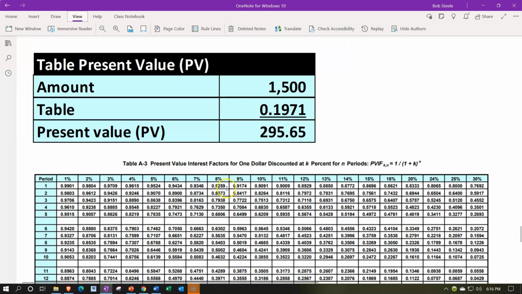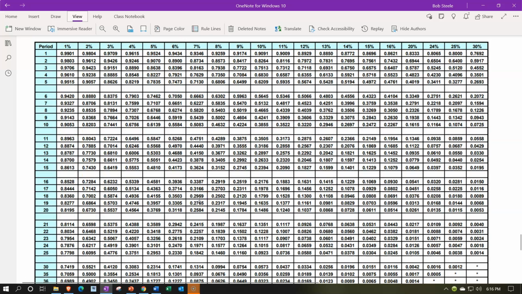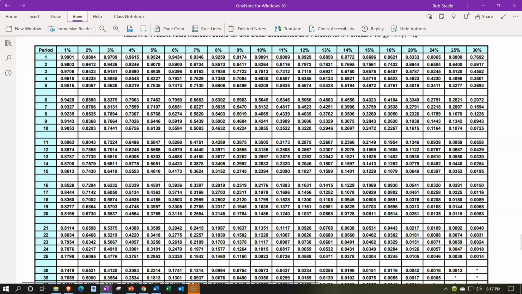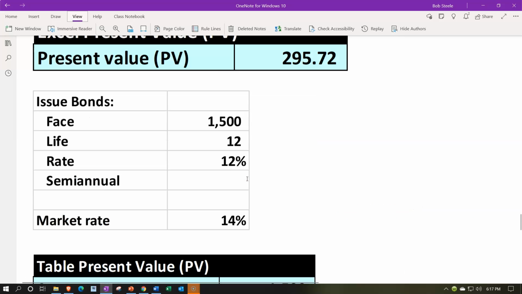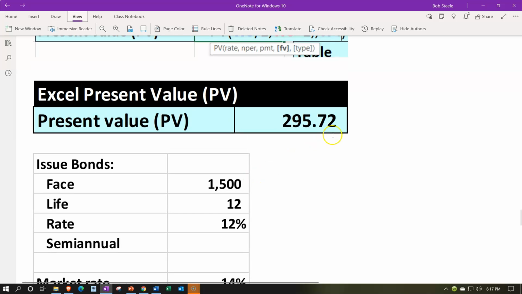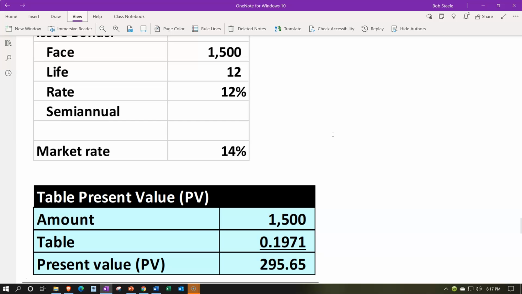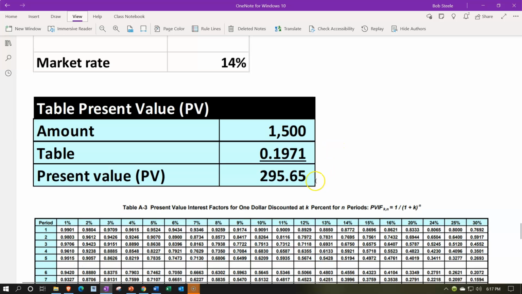So 7% and 24 is going to be that 0.1971. So the 1,500 times the 0.1971 is going to give us that 295.65. And that 295.65 is slightly different than the 295.72 that we got before because the tables round to 4 digits.